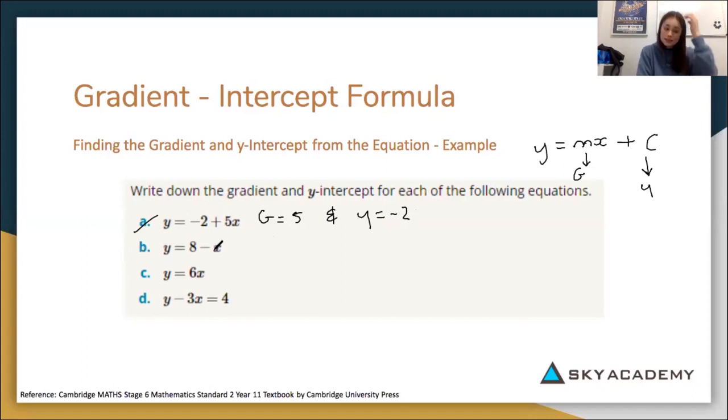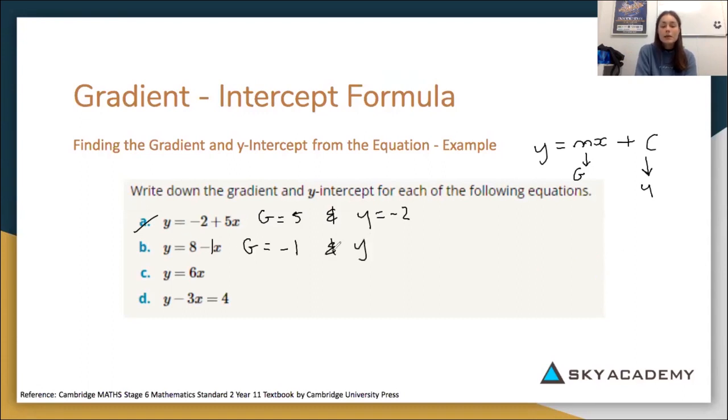We don't have a number here, so we can imagine that there is a 1 there. Because there's a negative associated to it, our gradient is going to be negative 1, which means, remember, that if your x is negative, it's heading towards the left. And our y-intercept is going to be this thing hanging by itself, which is positive 8.